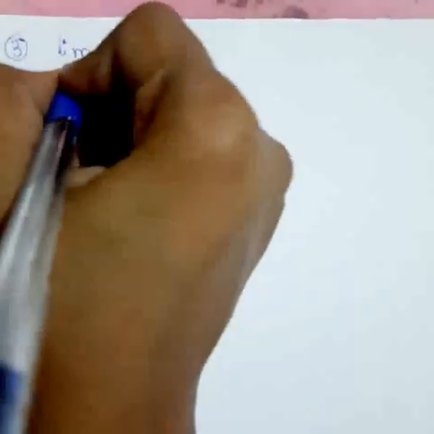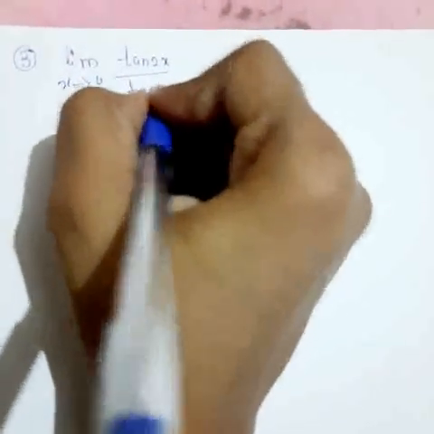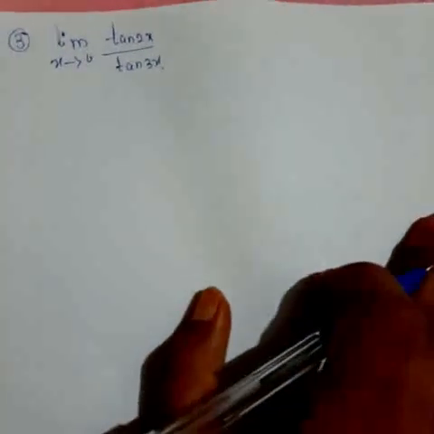Third one. See here, it's very interesting. Limit x tending to 0, tan 2x divided by tan 3x. Then how to do this example?